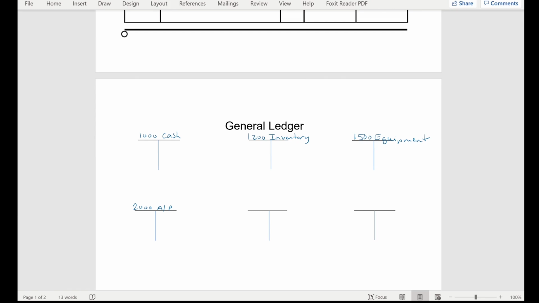And then the notes payable, I'm going to use 2,500 and just put an NP there for notes payable. And then for the owner's equity, starts with a 3, so I'm going to put 3,000 and then just OE for owner's equity.